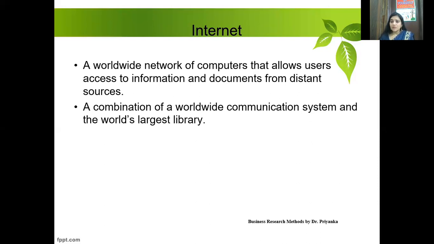If you don't have internet available at your home, you can go to your educational institution and surf the internet for all your educational videos and PPTs, right? So it's almost freely available. Then a combination of a worldwide communication system and the world's largest library. Yes, internet these days is the world's largest library available.